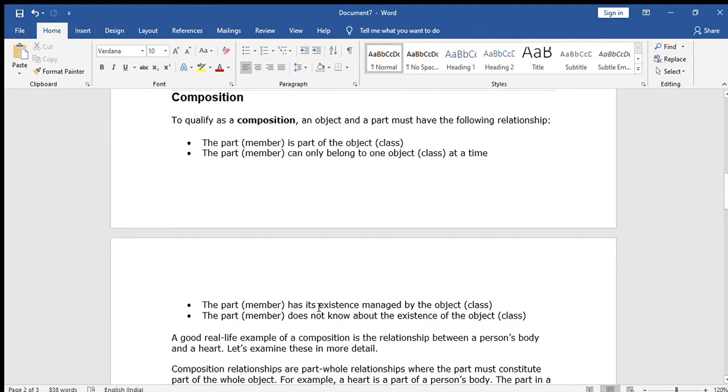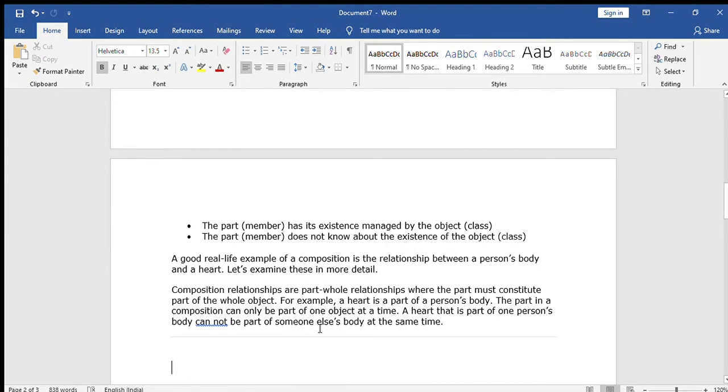The last point: the member does not know about the existence of the class. The member does not require the class's existence at all, but the class must require the existence of the member. So what is a composition relationship?